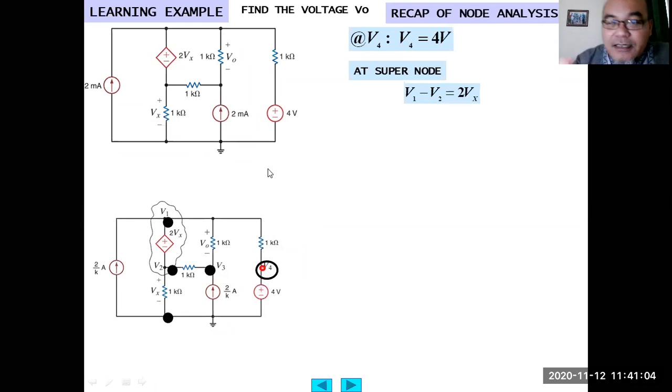One thing to note is that in node analysis, the reference node is the node which has the largest number of branches. So in this case, that is why the bottom part becomes the reference node. Why am I saying this?